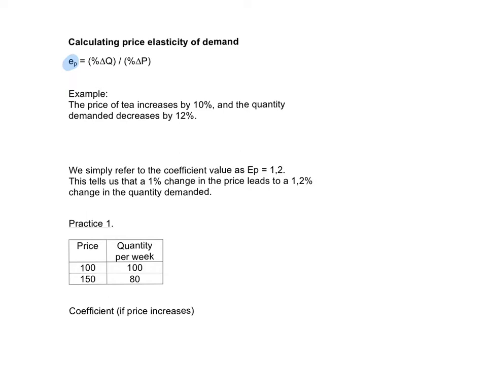So if we find that for a particular product, maybe something like tea, the price of tea increases by 10%, the quantity demanded decreases by 12%.